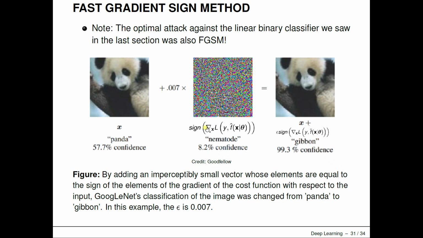Here you can see how, by adding an extremely small perturbation that corresponds to the direction of the gradient, exactly like in FGSM, we can fool the network into making a false prediction with high certainty. We are moving from Panda to Gibbon with 99% confidence.